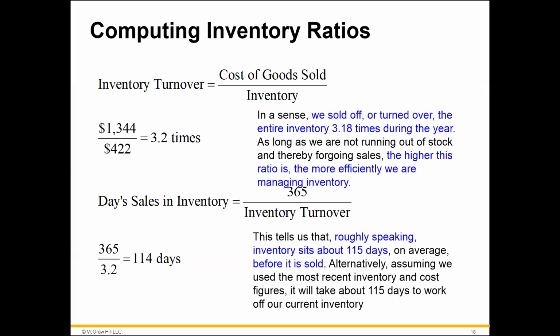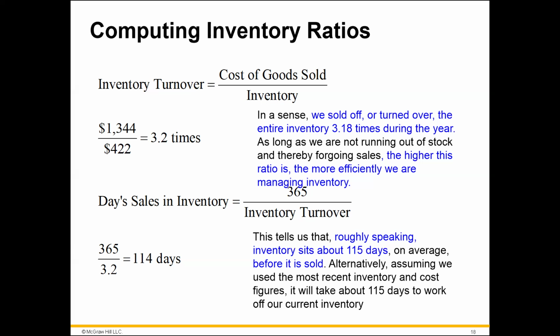So as long as we are not running out of stock, a higher inventory turnover ratio means the company manages its inventory more efficiently, right? For our example corporation, its ratio is 3.2 times.